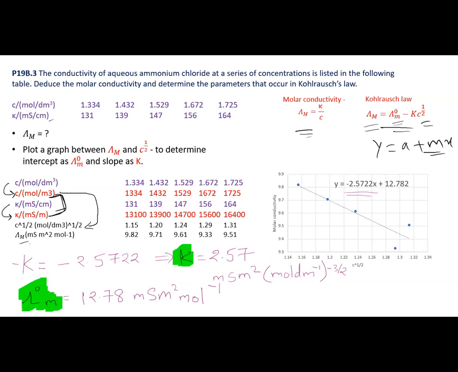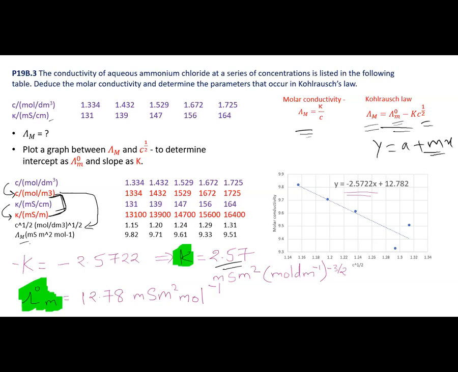So minus k is equal to minus 2.5722. K is equal to 2.57, and the units are millisiemens meter square and mole per dm cube to the power of negative 3 halves.